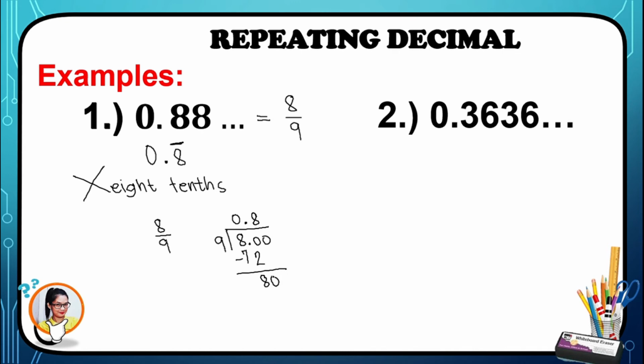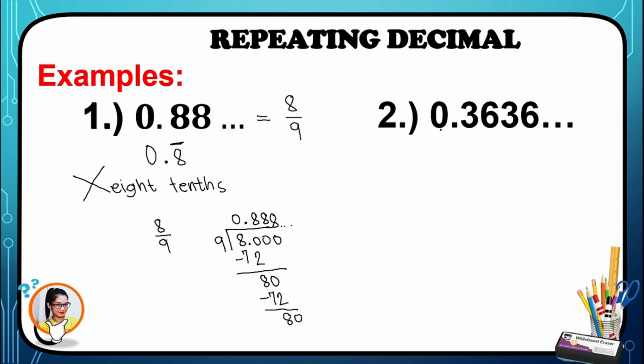Then we'll bring down 0. So how many 9 are there in 80? We have here 8. 8 times 9 is 72. So we'll subtract. Again, this will be 8. So as you observe, it keeps on repeating, which proves that 0.88 is equivalent to 8 over 9.